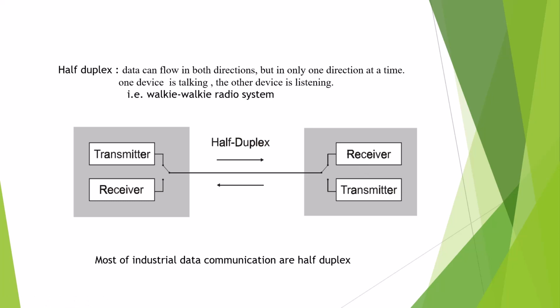Then at another time, the signal from device B's transmitter goes to device A's receiver. This is called half duplex. It can go in both directions, but only one direction at a time. Most industrial data communication is half duplex.